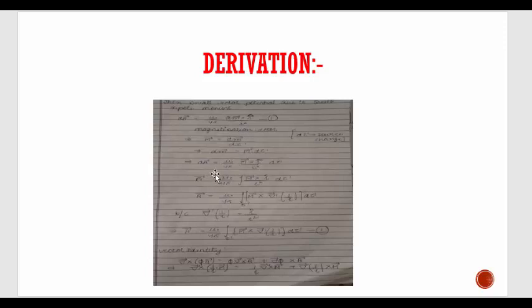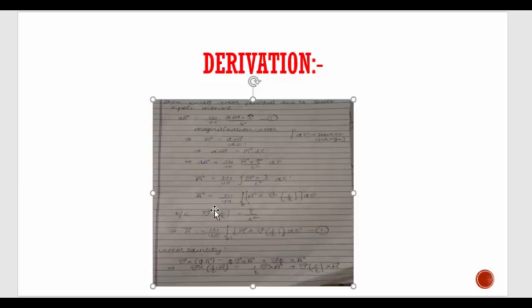So dA vector is equal to mu naught upon 4 pi, M vector cross r unit vector upon r square into d tau dash. This is the small vector potential.